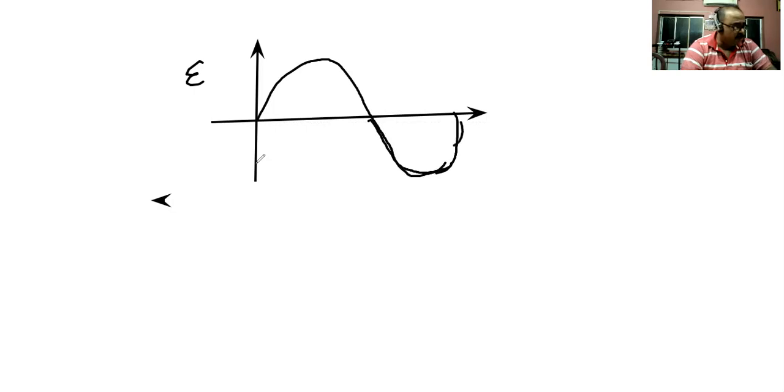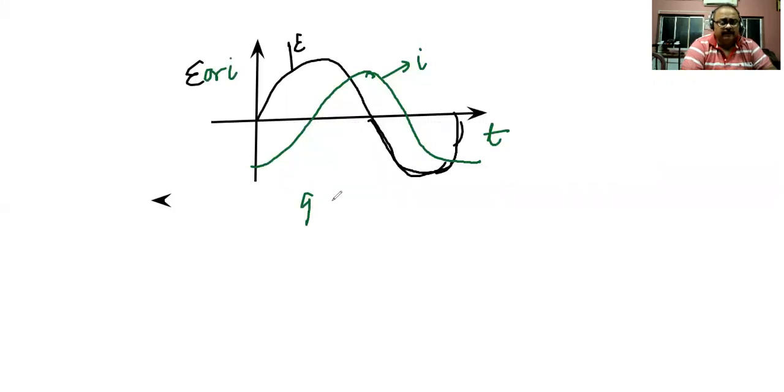The current will follow this pattern. So you can see there is a lagging of I with respect to E. This is your E and the green one is your I. The variation of E and I with time is shown. This is the graphical representation.